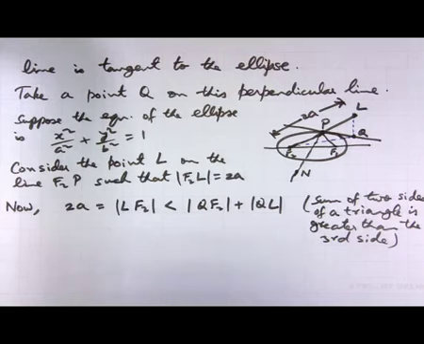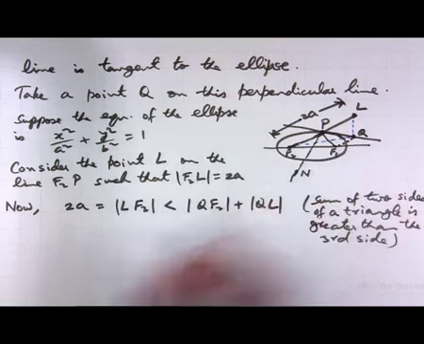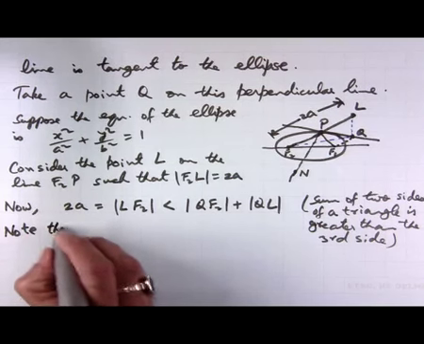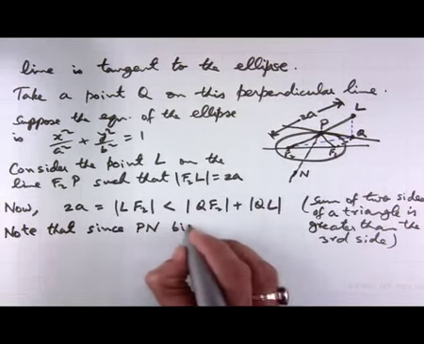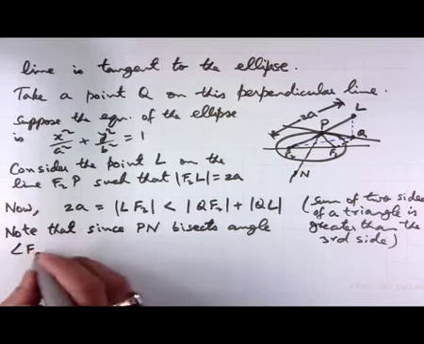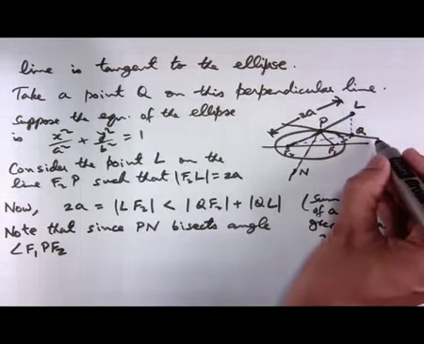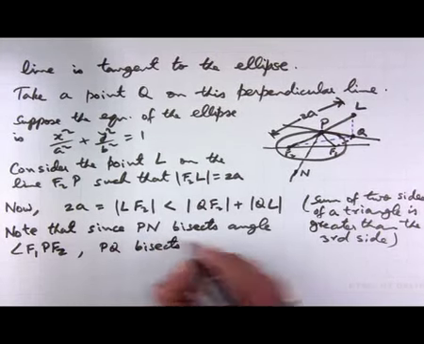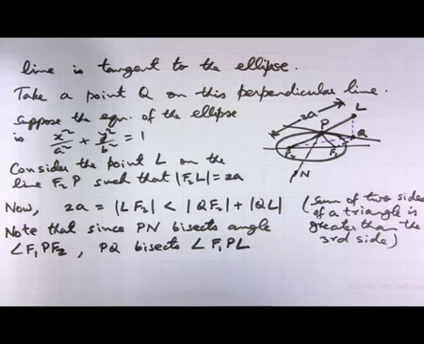but what can I say about Q F1? Note that since P N bisects angle F1 P F2, we get that P Q bisects angle F1 P L. This is because this is the perpendicular line.